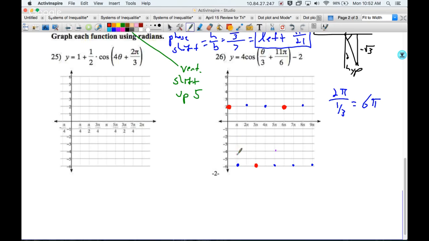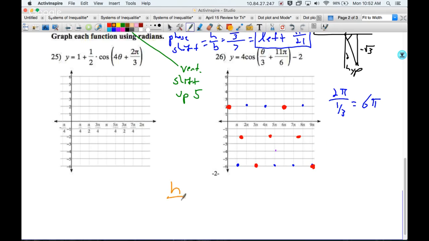It's down 1.5 over, 1.5 over, 1.5 over. All right. So now we're at the red dots, and we just have to do the phase shift.